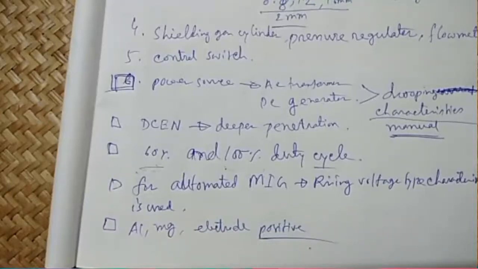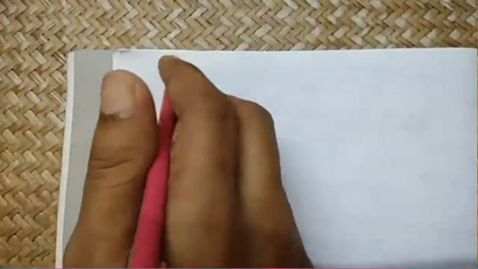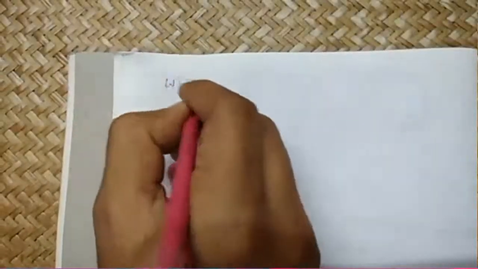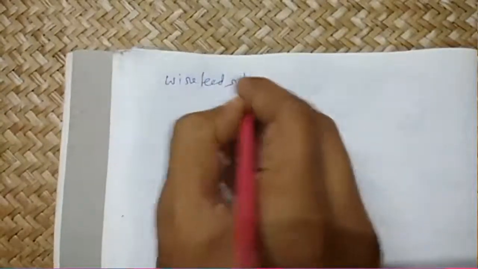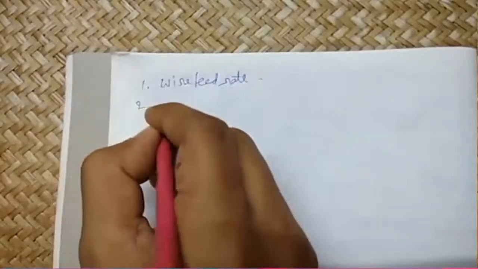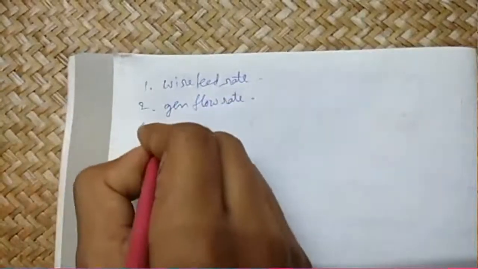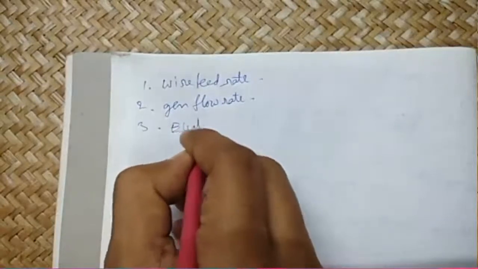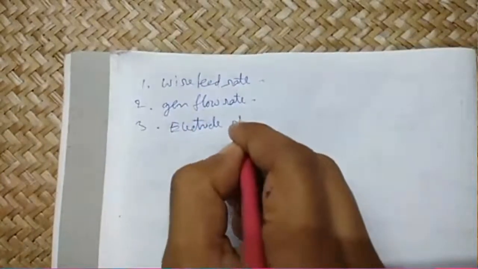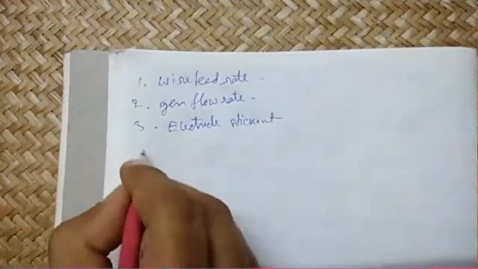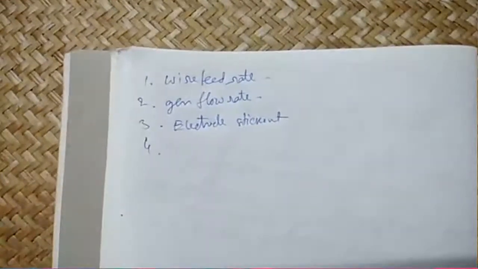So the variables you need to set are: number 1, wire feed rate; number 2, gas flow rate; number 3, electrode stick out, how much the electrode comes out from the gun.